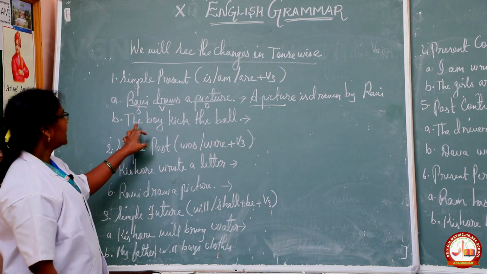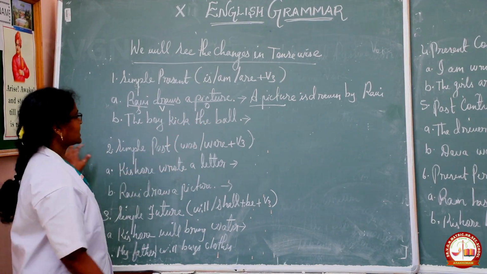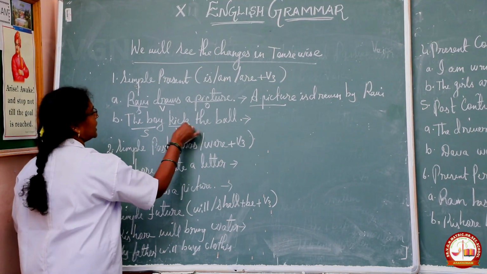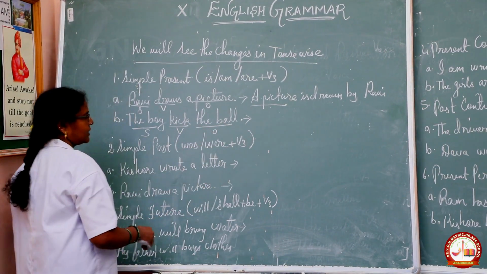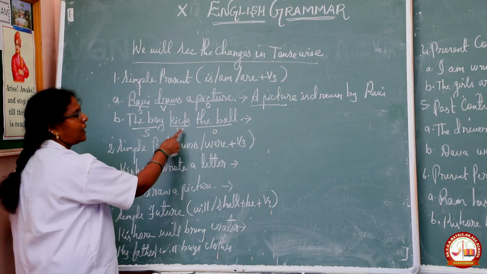Next example: the boy kicked the ball. Same thing. The boy is the subject, kick the verb, the ball the object. So the object becomes subject and subject becomes object.